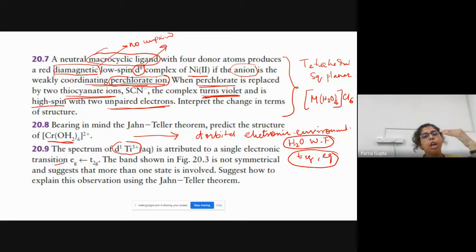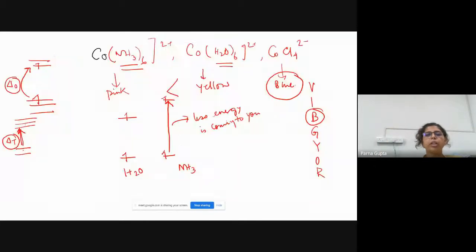So the Jahn-Teller effect affects things in a different way. If your compound is prone to Jahn-Teller, prone to Jahn-Teller means it does not have a perfect number, it does not have total symmetry.